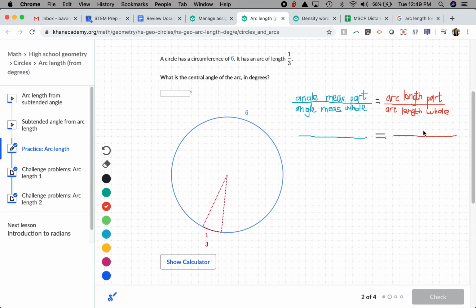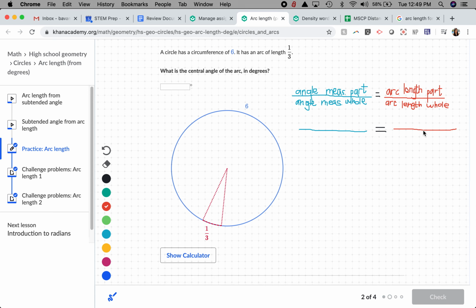So let's go ahead and use our given to set up the ratio. The first thing we are given is that we have a circumference of 6. Now, a circumference is just the distance around the circle. So we are going to put that under the arc length of the whole circle.